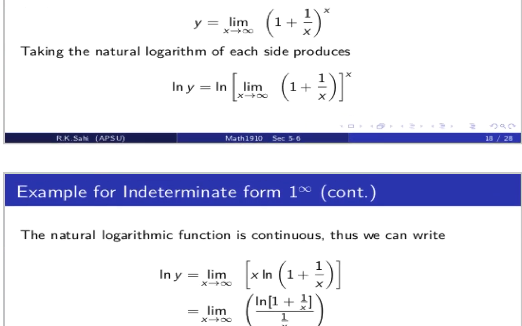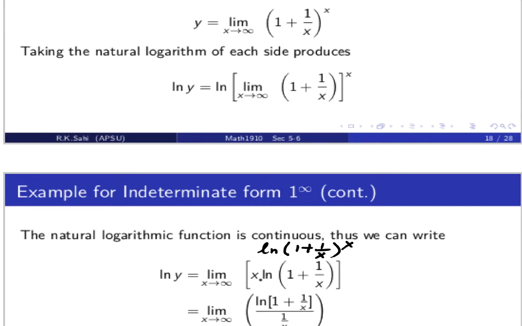Notice, now because my natural log is continuous, I can take the natural log inside and the limit comes out. So the limit as x tends to infinity is now natural log of 1 plus 1 over x to the power x. Now we apply the properties of natural logs.